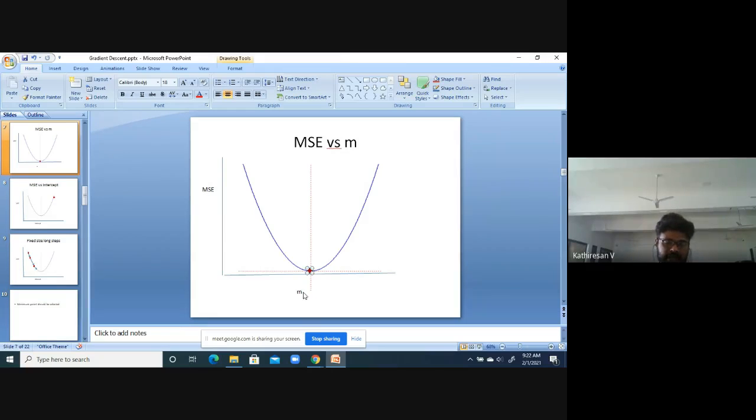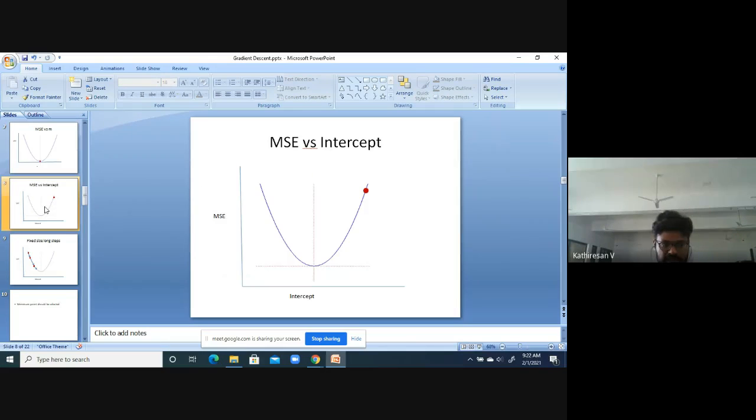The same way, mean square error is represented with intercept. Initially it is there with a high MSE value, then MSE is getting reduced, and it is reaching a minimum point or global minimum point in intercept.